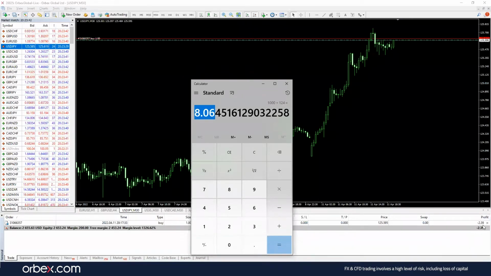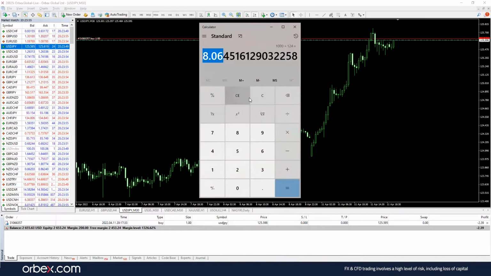So that's just an extra calculation, quite helpful actually, that I usually give to my traders when I'm making educational webinars like this, or even educational emails, just to let you know that there is a calculation to see what the pip value was based on the open price at the time of opening this trade.